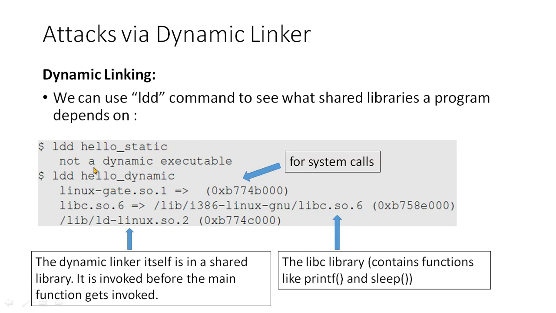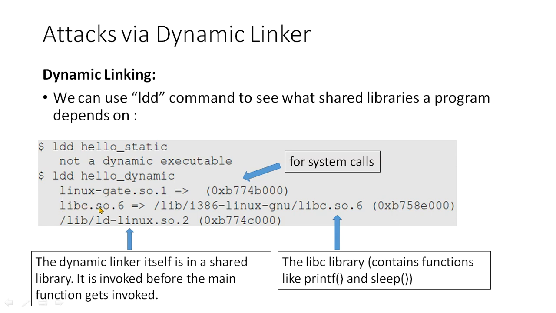But if we have a dynamic version of Hello World, and we look at how many libraries are still needed, then we see a list of missing libraries here. linux-gate.so, and after the dots is the version. We don't care. First, linux-gate.so is the dynamic library that allows the system call to the kernel. And next is the libc library.